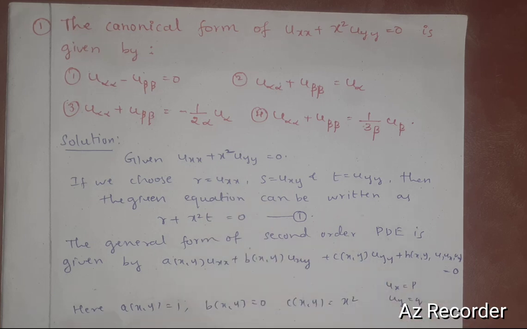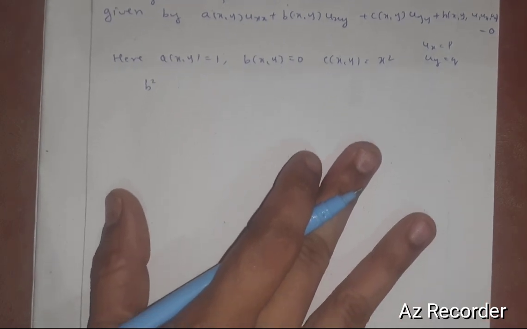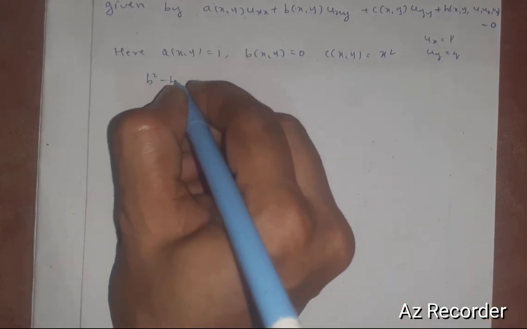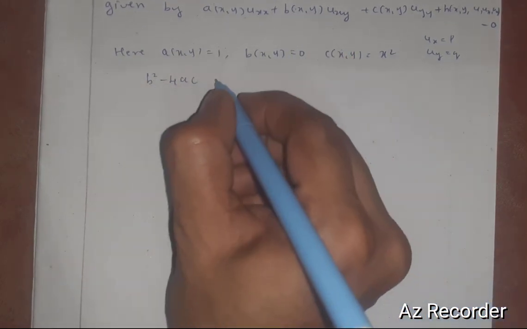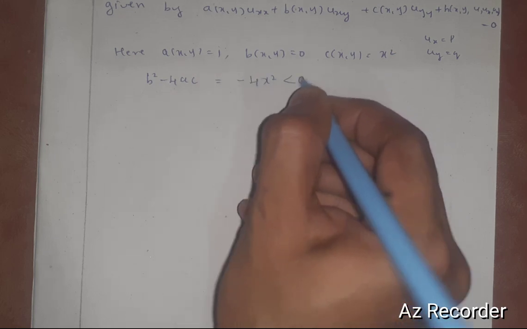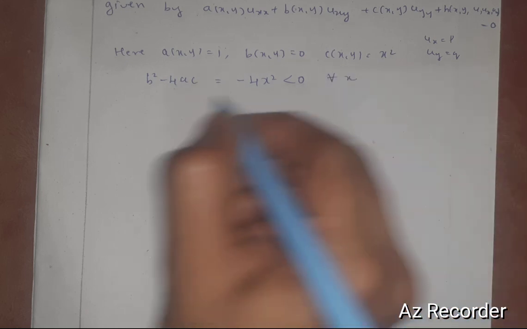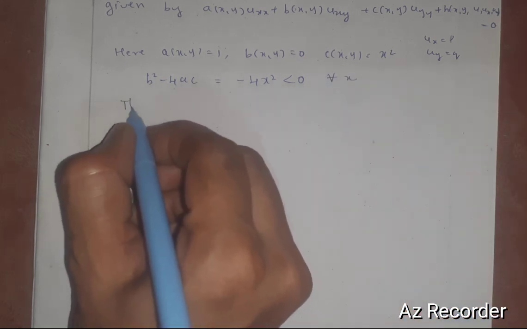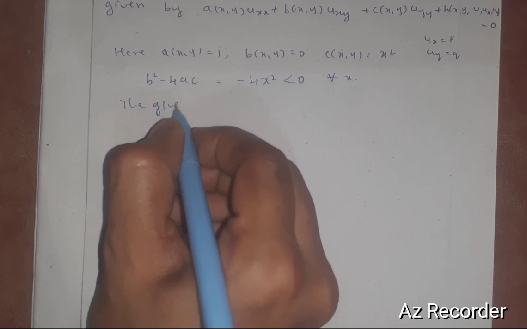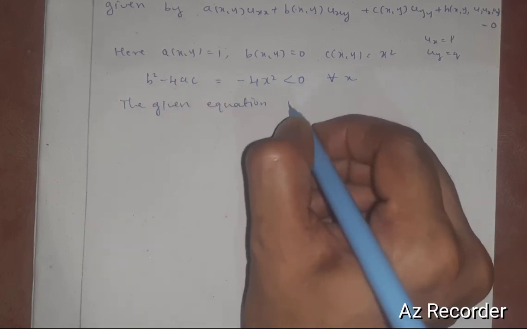So b square minus 4ac, we will get it as minus 4x square, which is less than 0 for all x. Therefore the given equation is elliptic.